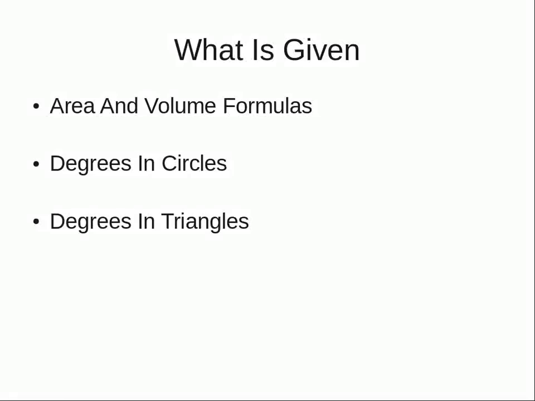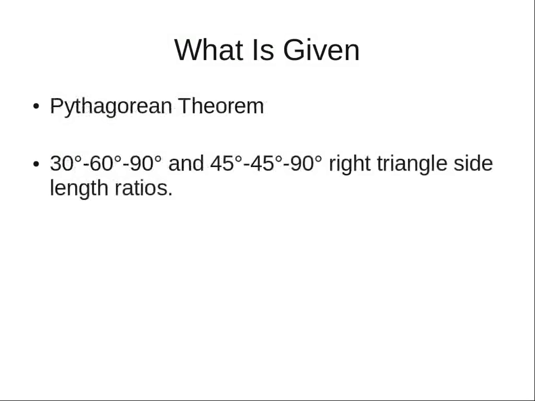Let me now run through a list of some items that are given to you on the first page of every math section. Okay? Area and volume formulas are provided. The number of degrees in circles are provided. The number of degrees in the sum of the measures of all the angles of triangles are provided. Something called the Pythagorean theorem is provided.